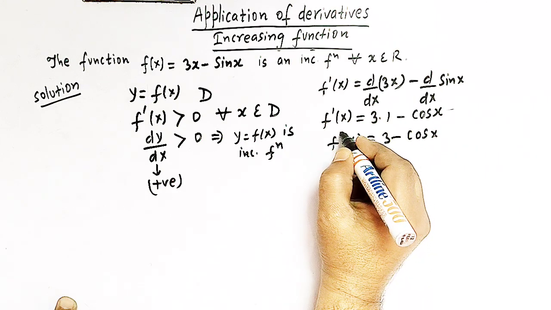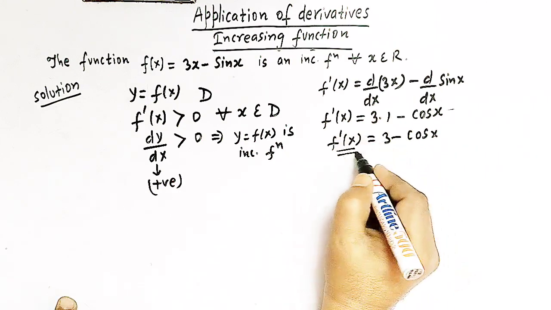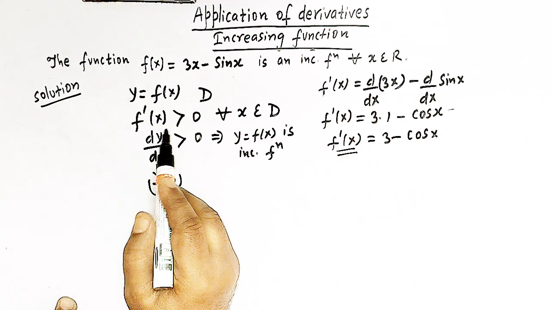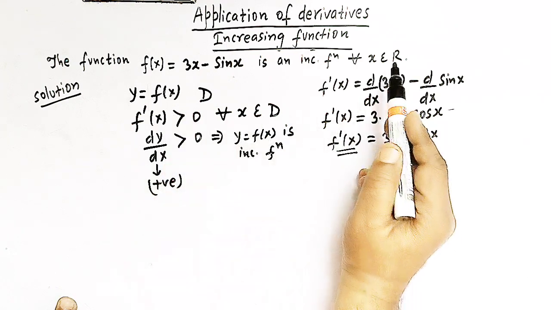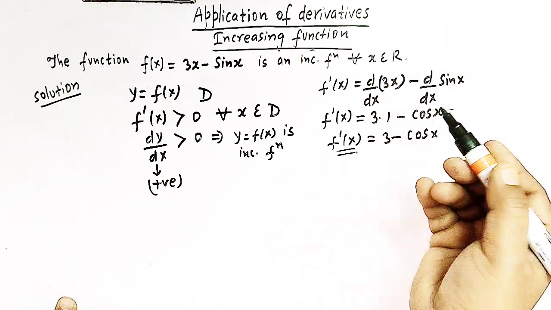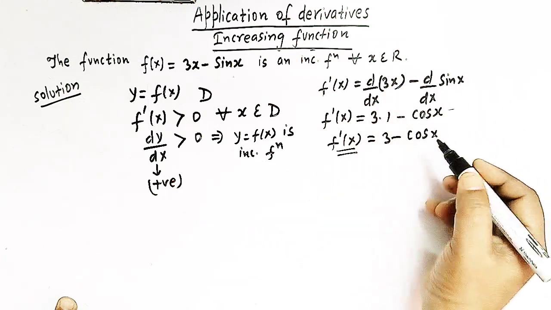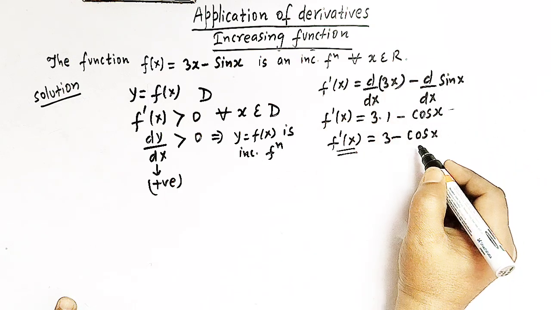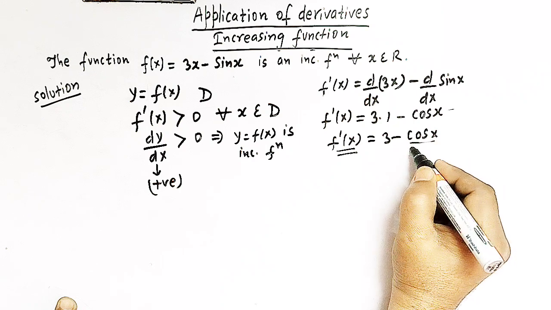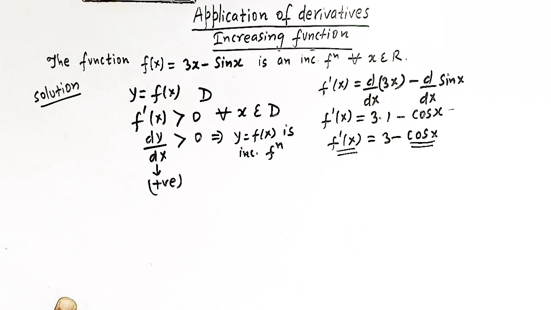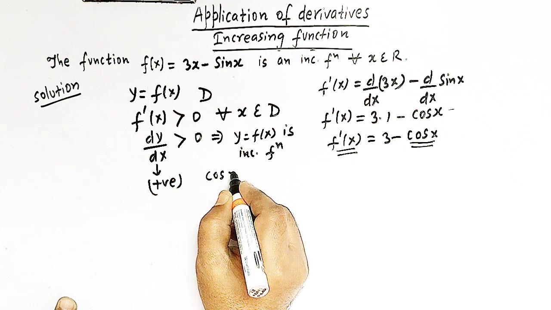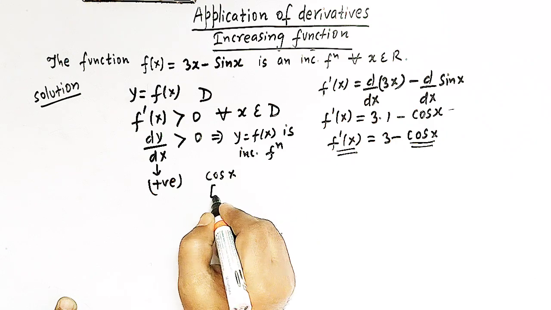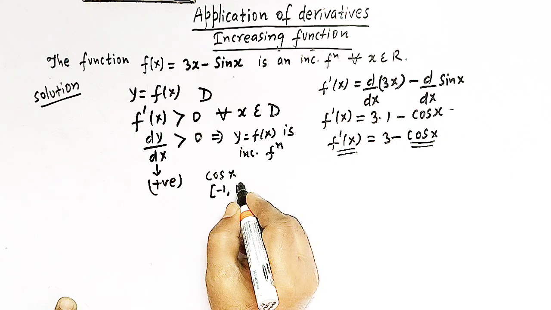So now we have to show that this derivative is always a positive quantity for all x belonging to R. So for this we have to take help from trigonometry. So here we have cosine x, and we know that the range of the cosine function is given by this interval, that is minus 1 to 1.